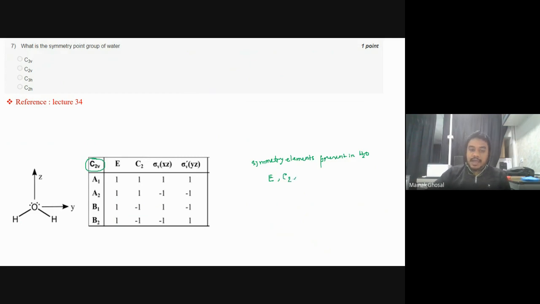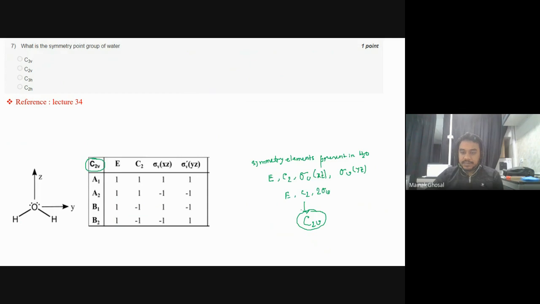Also, the xz plane and yz plane give two symmetries, so there will be two sigma v planes, one corresponding to xz and another to yz. Since it has the configuration E, C2 and 2 sigma v, it corresponds to the point group denoted as C2v.